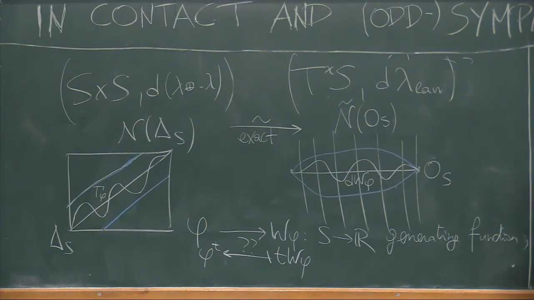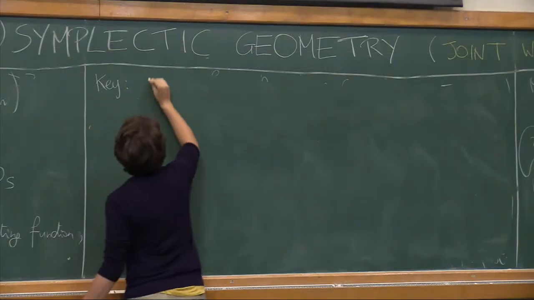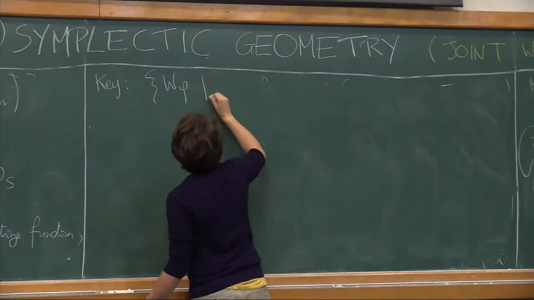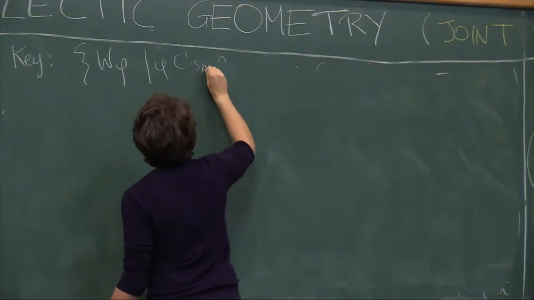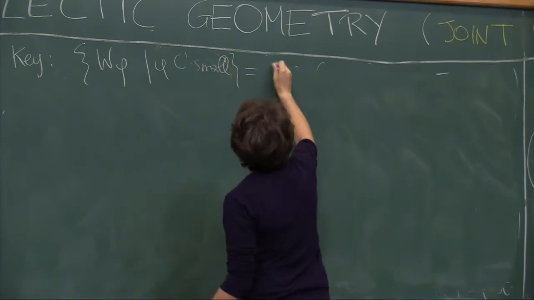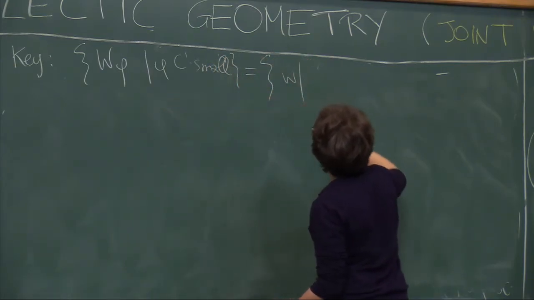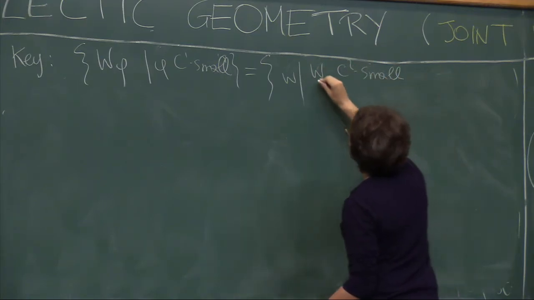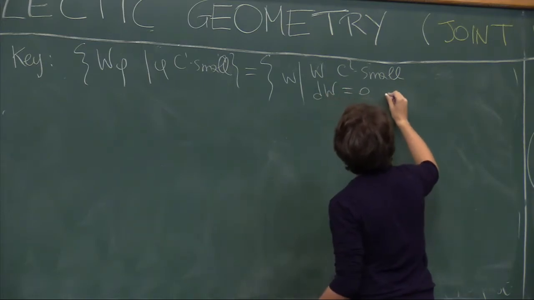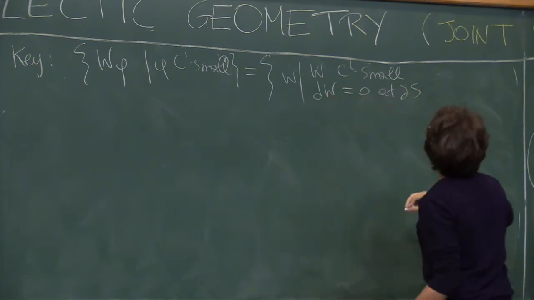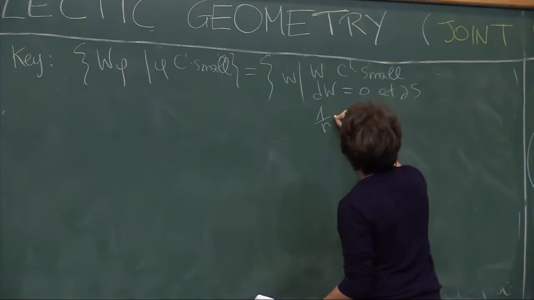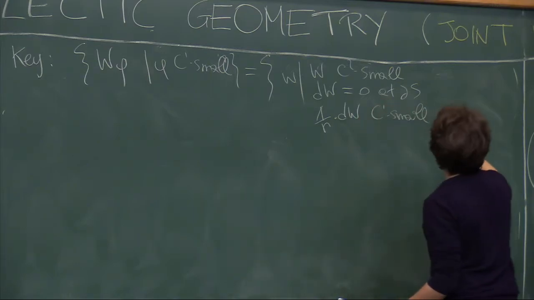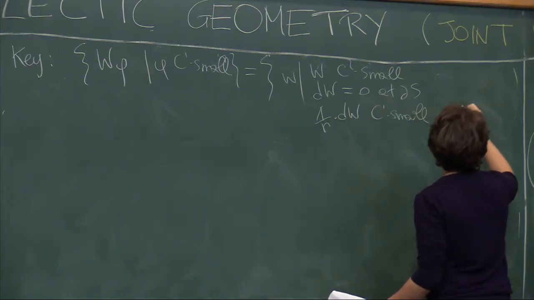And here the key is that the set of W phi, such that phi is C1 small, can be characterized as the set of all W such that W is C2 small, dW vanishes at the boundary, and 1 over R times dW is C1 small on this neighborhood of the boundary.